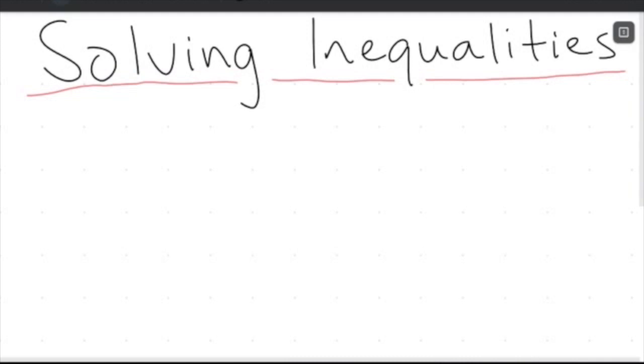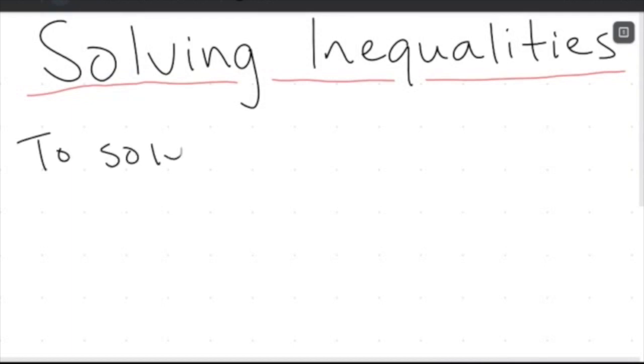So to solve an inequality, first I want to tell you what that actually means. Because you're going to notice when we solve this, it's going to be quite different to solving an equation, at least the answer that we get. So I'm just going to write a little thing down here.